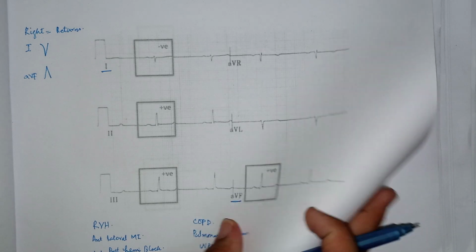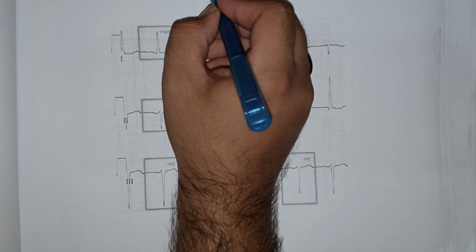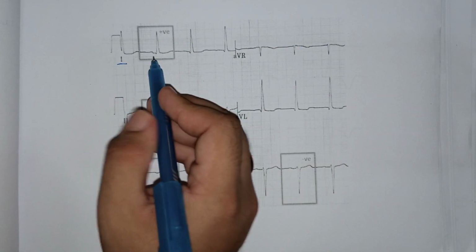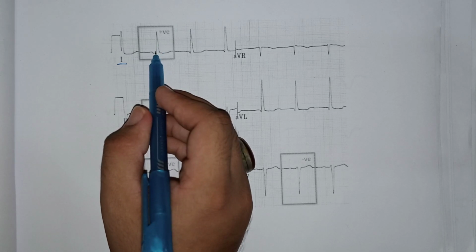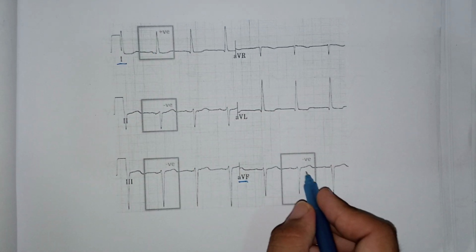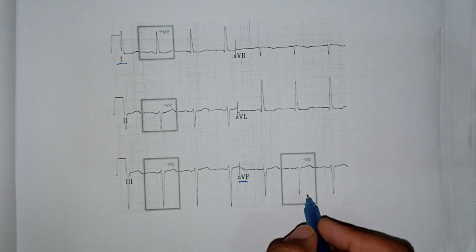Now come to the left axis deviation. Look at this ECG. In lead 1, there is a positive deflection of the QRS complex, and lead AVF shows negative or downward deflection of the QRS complex.